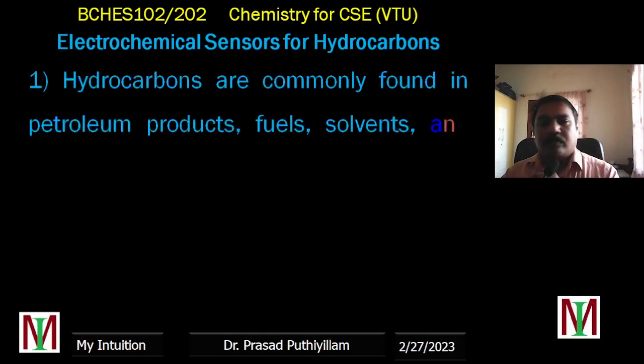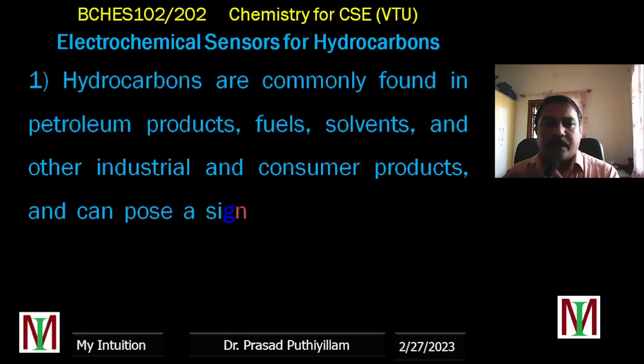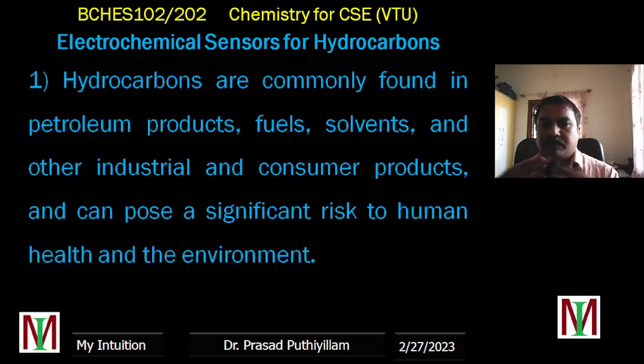Hydrocarbons, we know, have hydrogen and carbon present together. A molecule which contains both hydrogen and carbon, we call a hydrocarbon. Many other elements also can be present, but hydrogen and carbon should be there. The simplest example is methane, CH4, carbon is there, hydrogen is there.